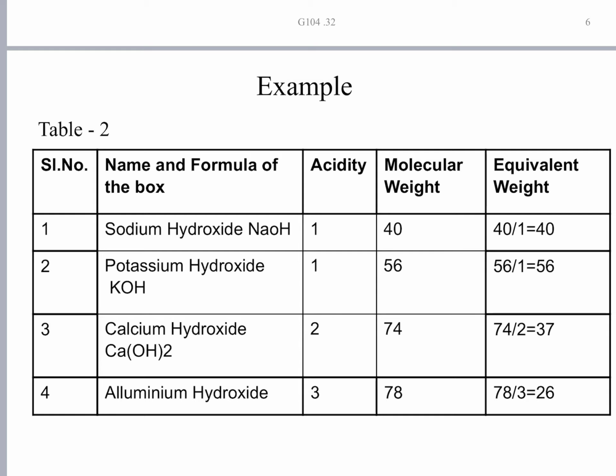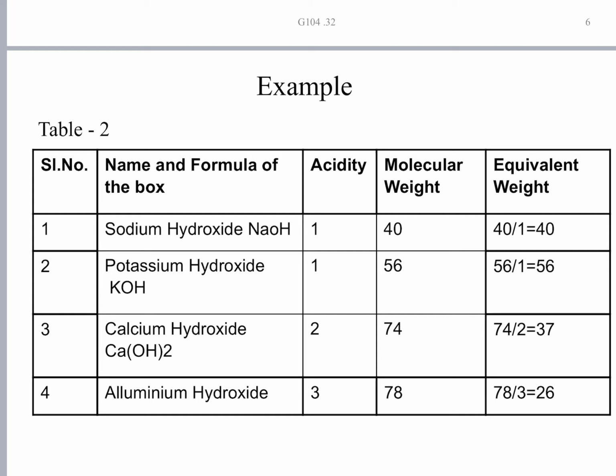In the case of calcium hydroxide, when dissolved in a polar solvent, it ionizes and gives rise to 2 hydroxyl ions, Ca2 plus and 2 OH minus. So the number of hydroxyl ions furnished is 2, which goes by the name acidity. Acidity is 2.